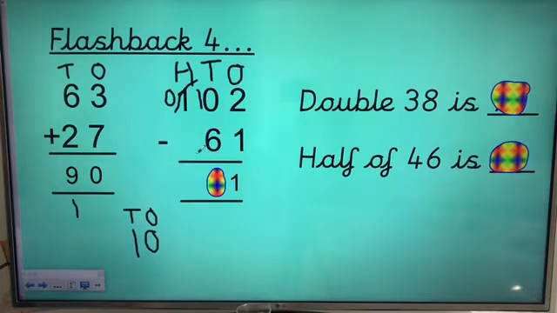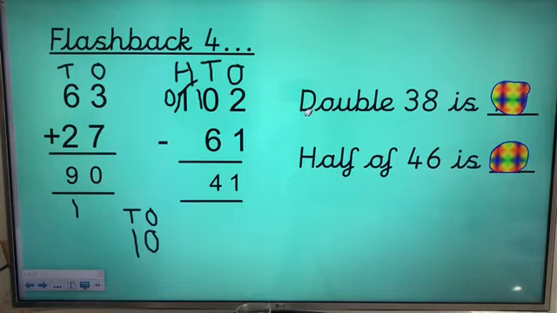We can do that. Are we ready? 10 in my head and 6 on my fingers, and count back. Ready, stop, stop, go. 9, 8, 7, 6, 5, 4. 10 take away 6 is 4. Well done if you used your knowledge of number bonds to tell you that 10 take away 6 is 4, because 6 add 4 is 10. So we could have used the inverse operation there. So 102 take away 61 is 41. Awesome job if you got that one correct as well.